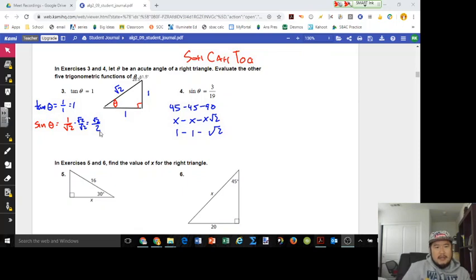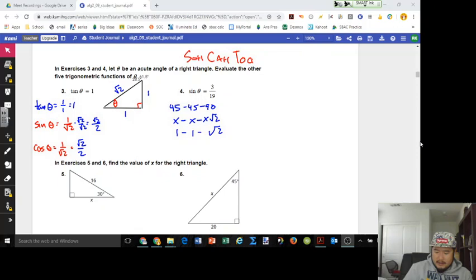So there's sine theta. Let's go ahead, we'll go to cosine theta. Adjacent is 1, hypotenuse, rad 2, and we can't have a radical in our denominator, so we already did the work for sine, and we can go ahead and put our answer down as rad 2 over 2. Alright, so we got sine, cosine, and tangent.